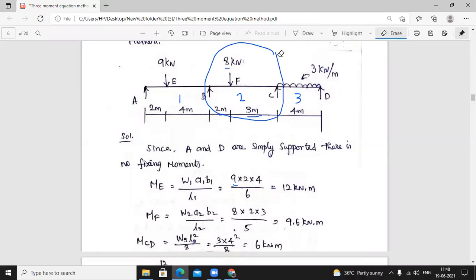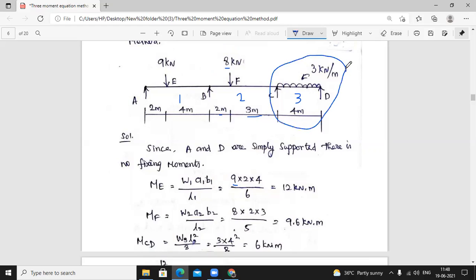Now coming to the third span. What is the third span loading? It is a UDL load acting throughout the beam. So what is the formula? WL square by 8.